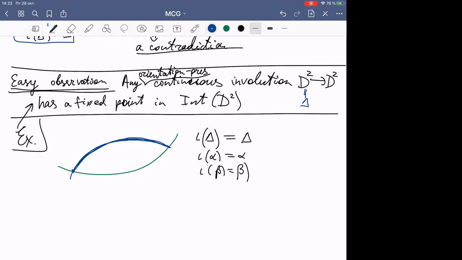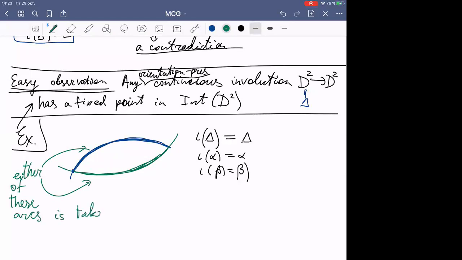Hence, we see that this arc and this arc are also taken to themselves by iota, but now again we know that the orientation must be reversed.